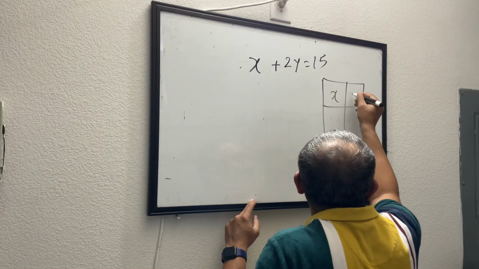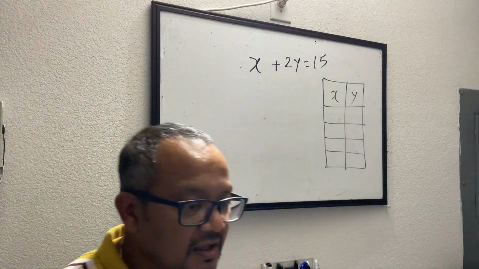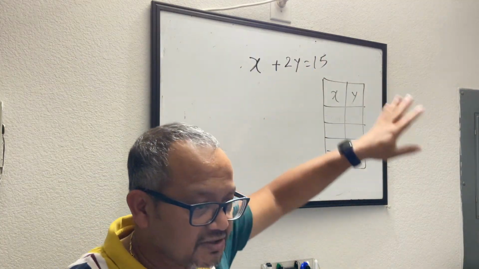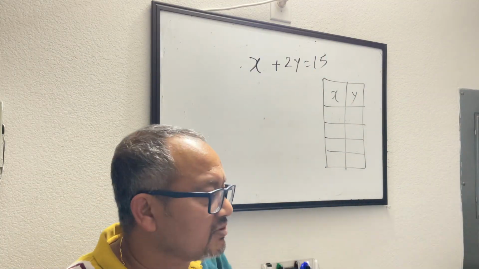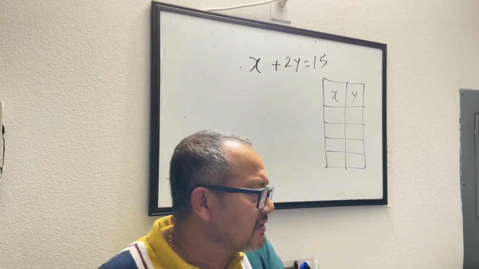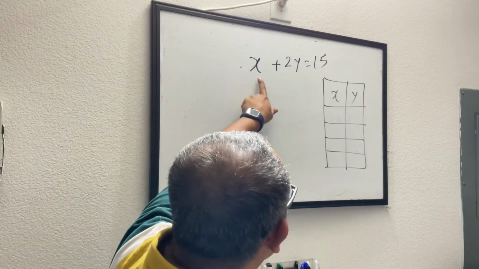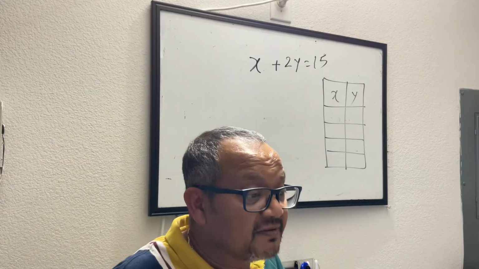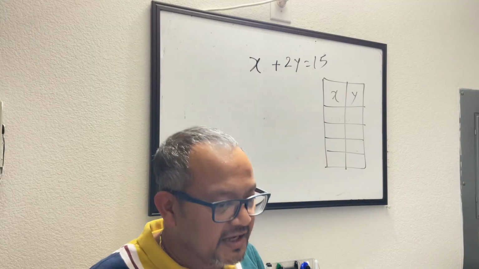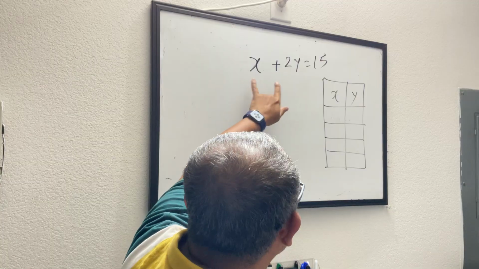I will create a table. Why? Because if I have any equation, be it a linear equation, quadratic equation, polynomial equation, power 4, power 9, power 10, doesn't matter, every equation is nothing but an agreement between the variables. I have x and y here.